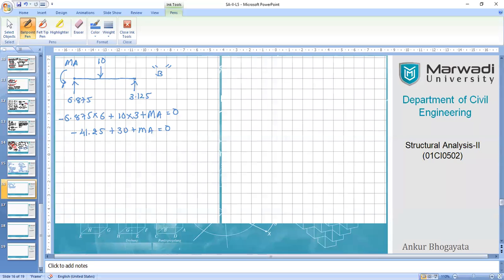So 41.25 minus 30, that is 11.25 negative. So 11.25 negative equals to minus MA if I take this MA on the other side. So therefore my moment becomes 11.25 Newton into meter, and since it is positive, it is anti-clockwise according to our sign conventions.